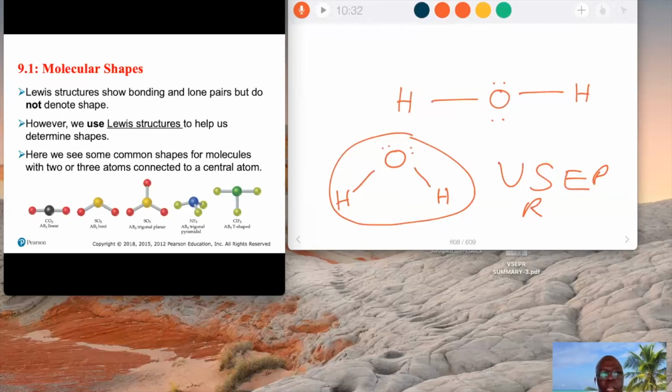Now, molecular shapes. What determines the shape of the molecule is the bonding, the bond angle. When we talk about shape or angle, we are talking about the bond angle.